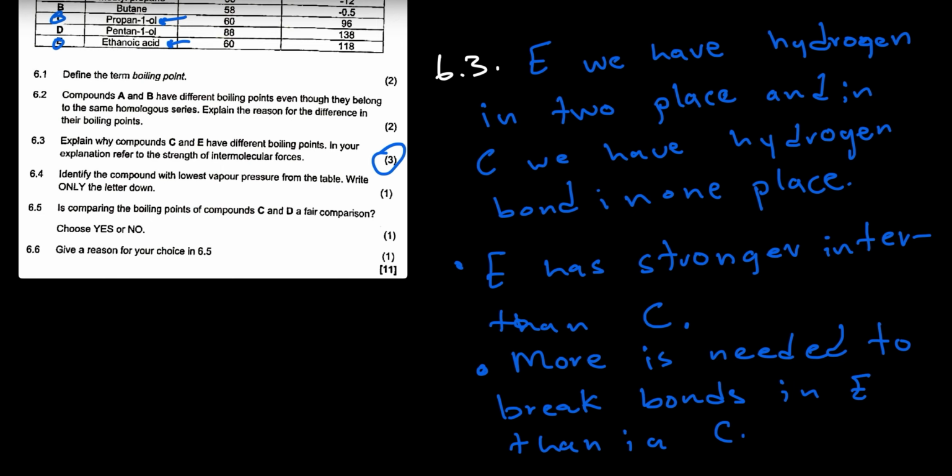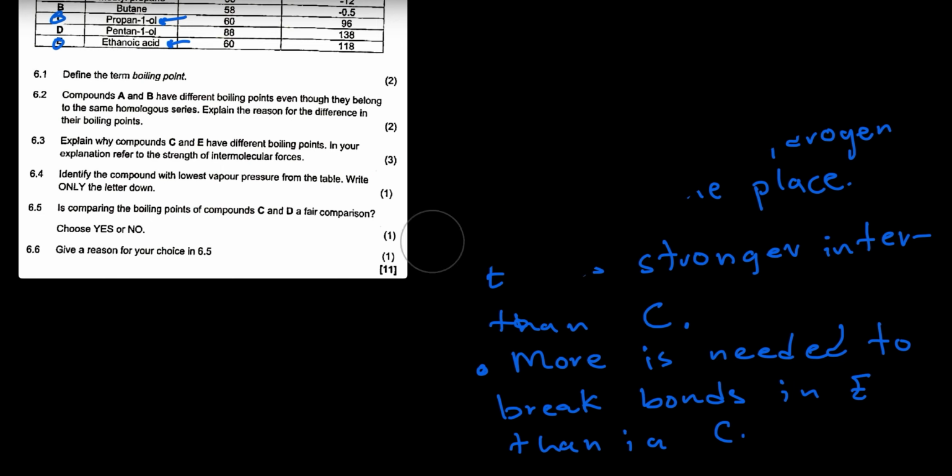Okay, that's perfect. Okay, so now I'm going to erase this, and then we answer question 6.4. So 6.4, they say identify the compound with the lowest vapor pressure from the table. Write down only the letter. So now remember, the compound with the lowest vapor pressure is the compound that has the highest boiling point.